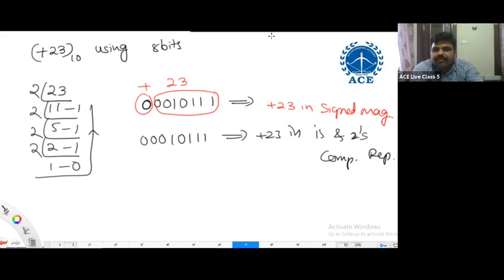Now you are in the right way of understanding signed number representations. Don't depend only on complements. You should understand concepts also. Then we will be confident for any question.